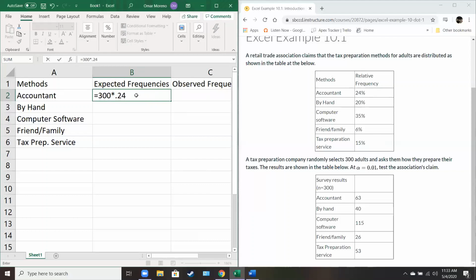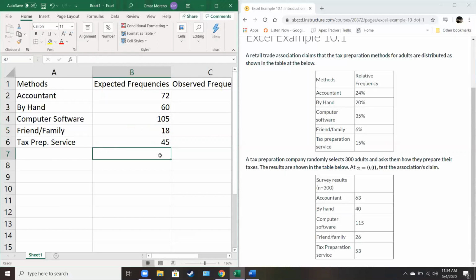So I'm going to do 0.24. I'm going to do 300 times 0.20, 300 times 0.35. So in each of these cases, it's just sample size, 300 times these expected percentages right here. What were we on? Friend and family, 0.06, then 300 times 0.15.